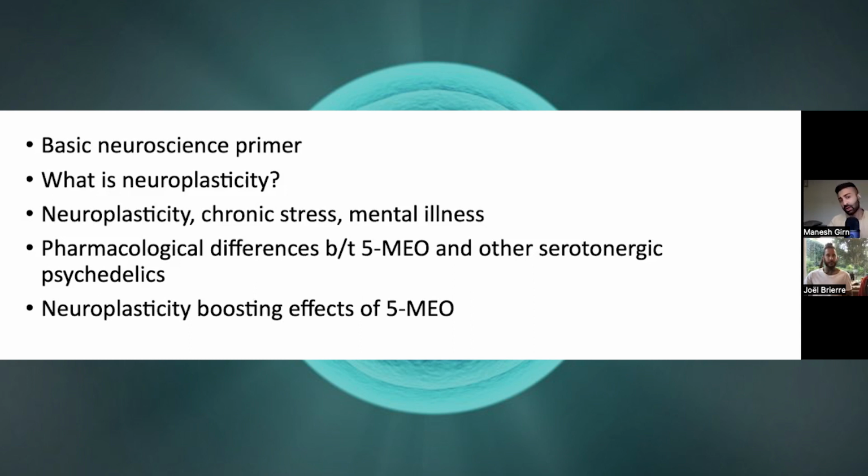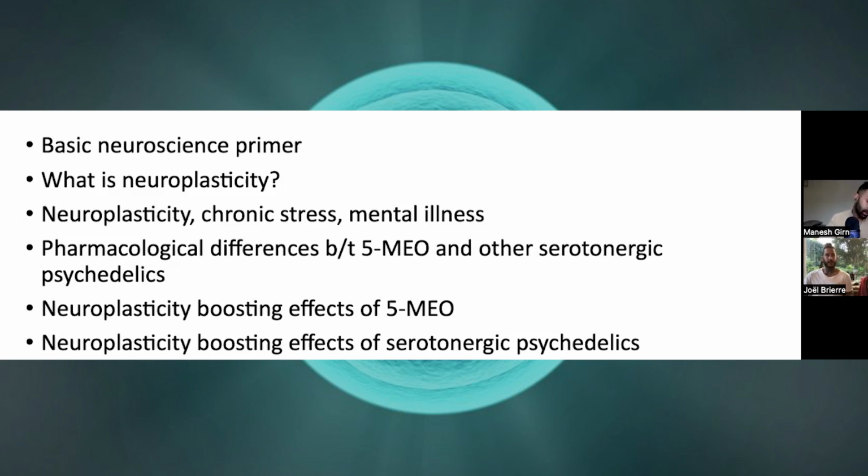And then I'll talk about the neuroplasticity research specifically on 5-MeO-DMT, and then talk about it in relation to the serotonergic psychedelics, because there's more research on them in terms of neuroplasticity, and there's reason to think there's a lot of similar things happening with 5-MeO that hasn't necessarily been found or studied with 5-MeO yet. And then I'll end with some takeaways, and then we can chat and have a little Q&A.